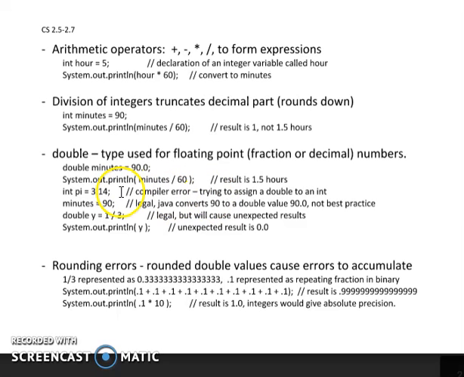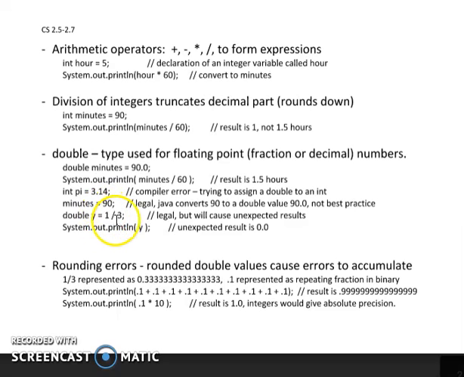This one won't work because pi is not an integer. There's no such thing as 3.14 being an integer, so it'll complain. This one, as I already talked about, it'll convert it for you, not a good practice. This is also legal. It's not going to kick it out or anything. It'll let you do it, but the problem is when you do this division, you're doing integer division.